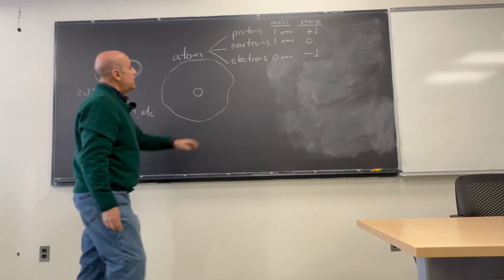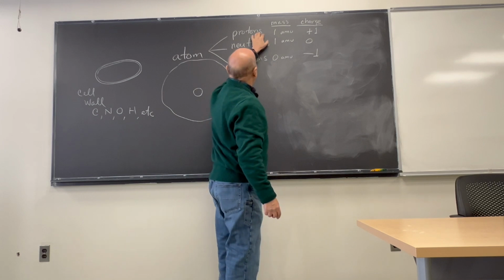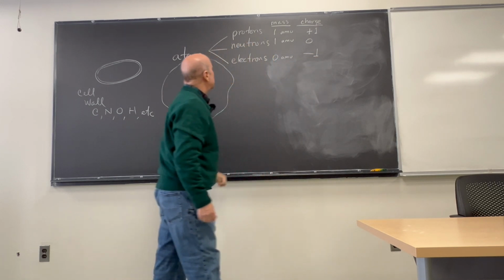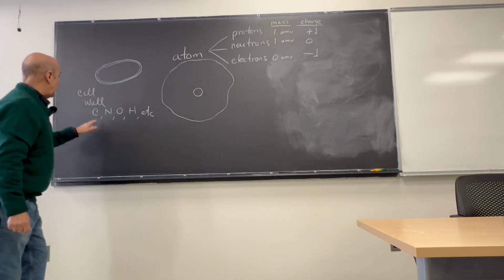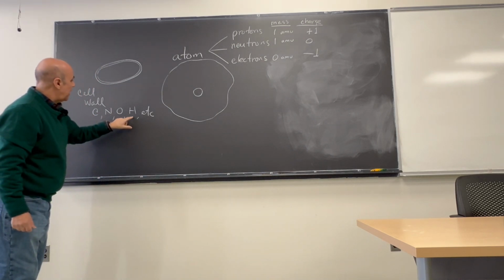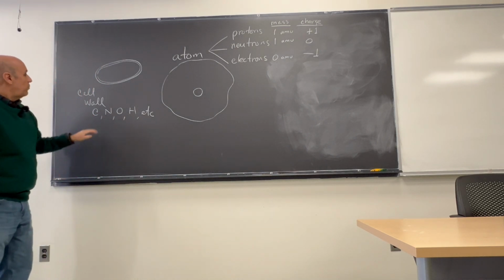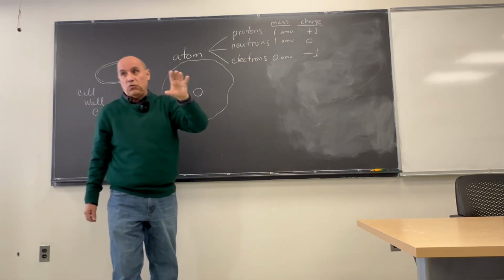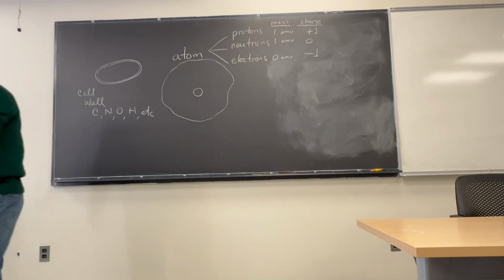Okay, so now these are the properties of the 3 ingredients that make every atom, as far as charge and mass are concerned. How are carbon, nitrogen, oxygen, and hydrogen different from each other? Well, by the number of these ingredients that each of those different chemicals have.